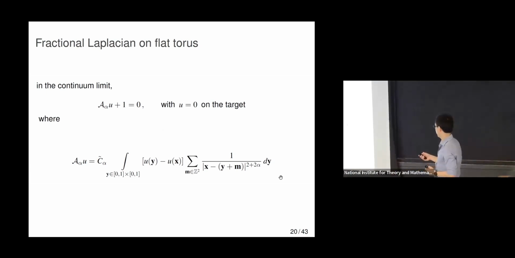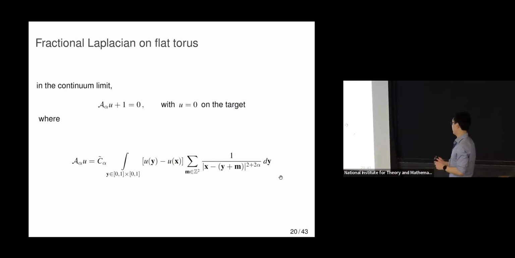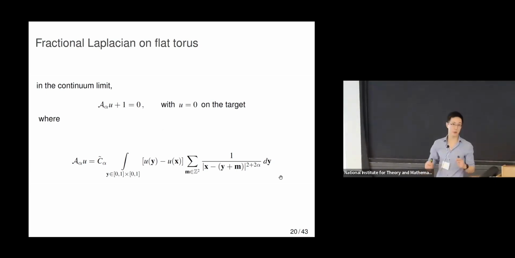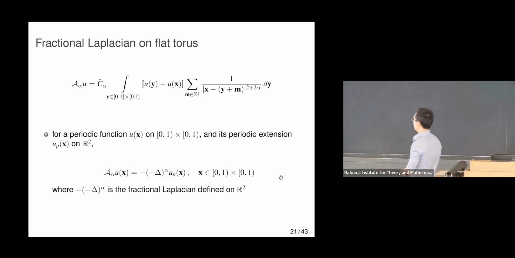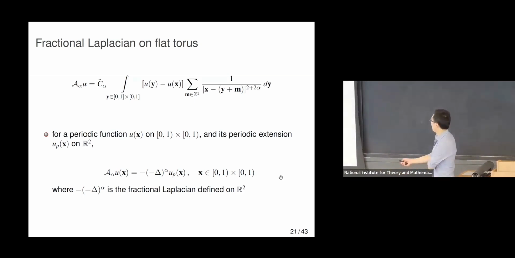And here's the generator, right? So it's essentially the fractional Laplacian on the torus. Okay. And I think I make that point here, yeah. So if I have a periodic function on this flat torus, and I do its periodic extension up onto all of R2, applying this A alpha to the u on this torus is the same as applying the true fractional Laplacian over all of R2 to this periodic extension, right?